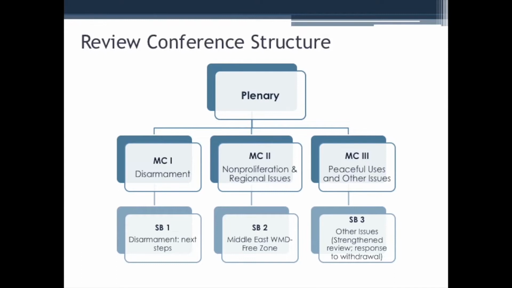Subsidiary body 2 under Main Committee 2 usually focuses on the issue of the Middle East and other regional issues. And then under Main Committee 3, Subsidiary Body 3 has in the past focused on questions such as further strengthening the review of the treaty, improving the effectiveness of the process, and also questions of how to respond to cases of withdrawal from the NPT.